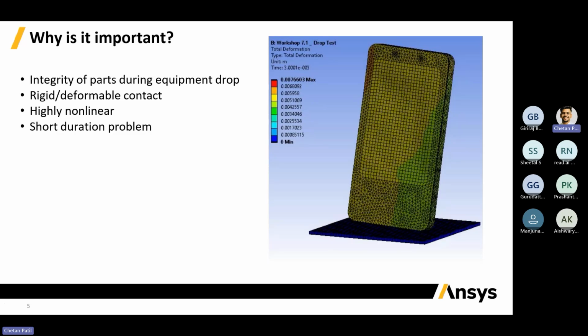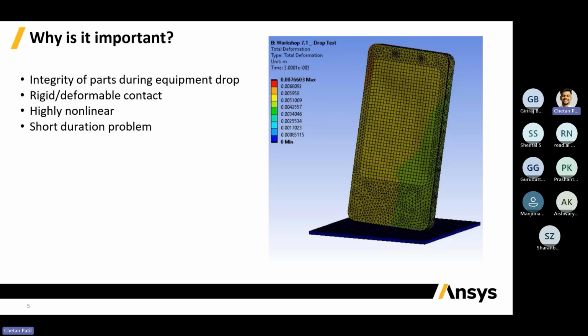And whenever we perform such simulations, whether a drop test simulation or any kind of explicit simulation, a large amount of non-linearity is included. It might be material non-linearity, because a high amount of impact generated on the model might affect the properties of the material.